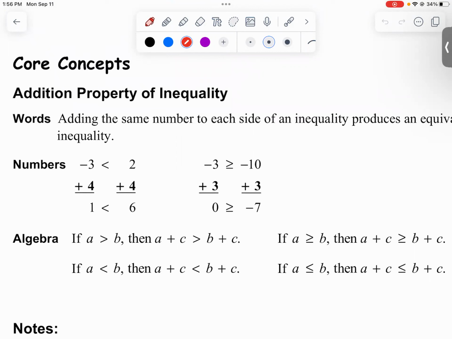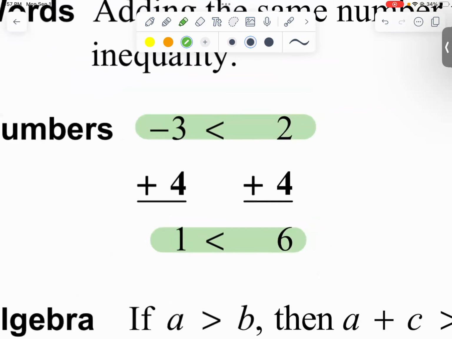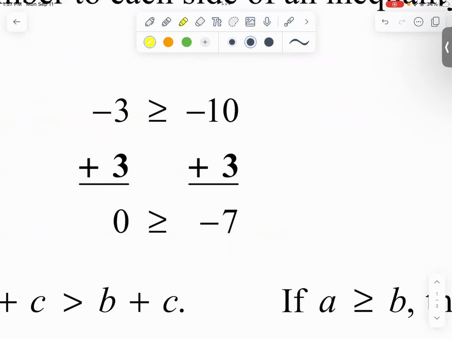If we have an inequality and we add 4 to both sides, does the inequality remain true? Yes. What about this one? Okay.